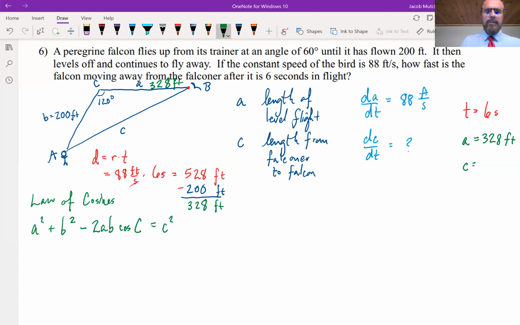So I want to come up with the value for c at this instant at 6 seconds.